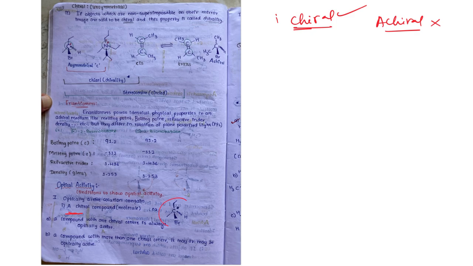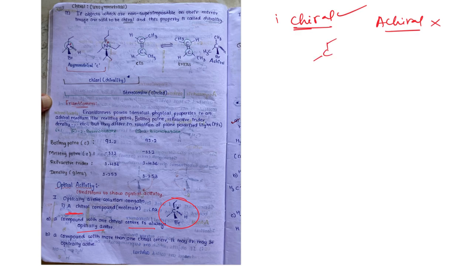Chiral meaning what is that? Like this. All four groups are different, with the star mark generally denoted, that is an asterisk. Then next one, a compound with one chiral center is always optically active, because no meso compound is possible in this case. That's why one chiral center is there.